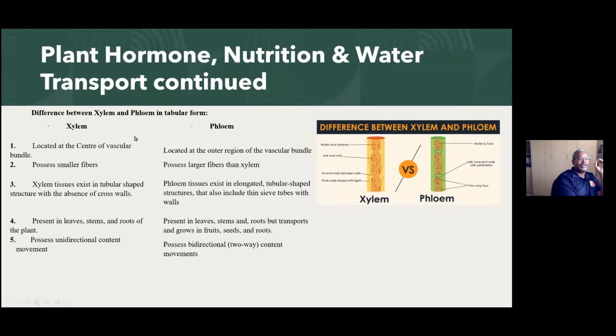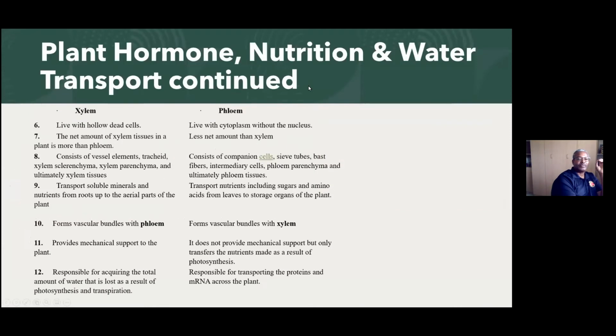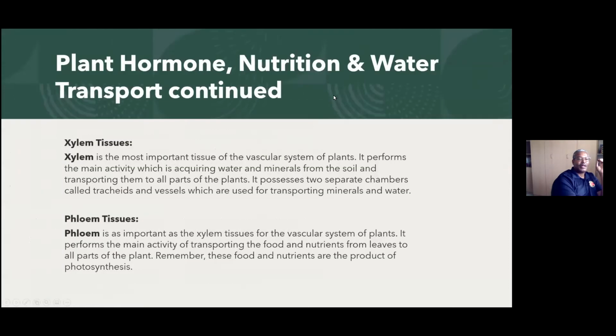Here, once again, is the difference between the xylem and the phloem in a tabular form. On the left side, you have your xylem information and its corresponding phloem explanation. This is some more. This talks about the actual tissue.